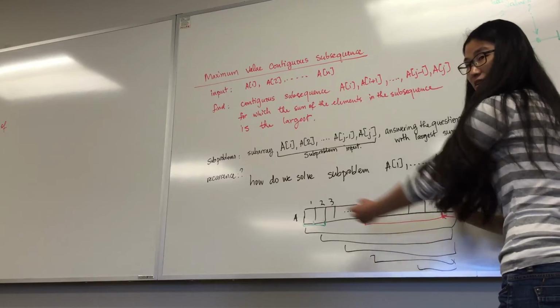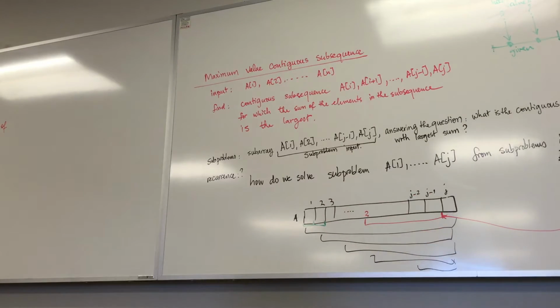Because you have this giant gap. In other words, because we want something contiguous, these first few are useless for the recurrence.